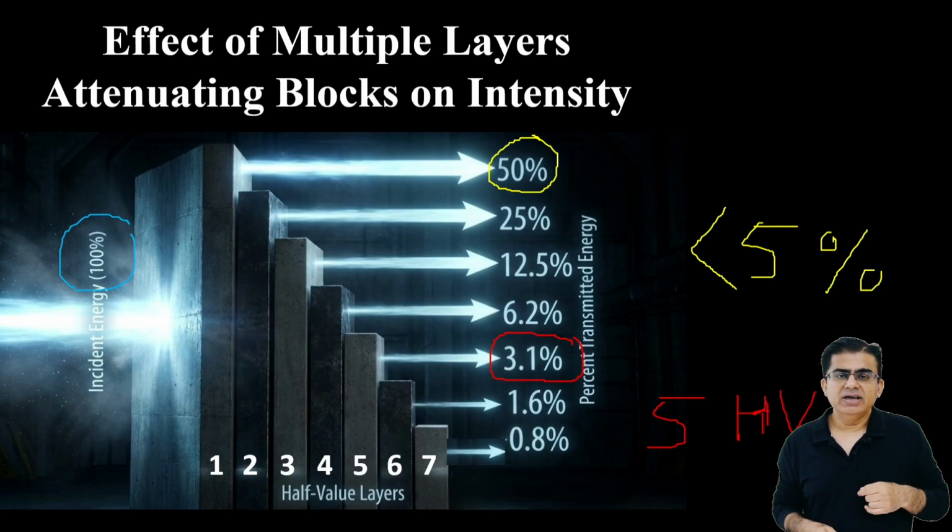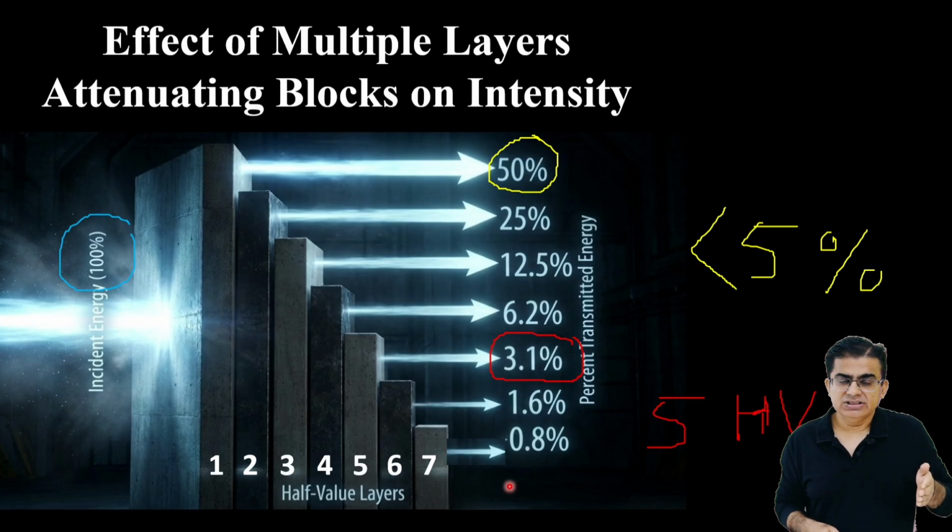Now, you might be looking at the 7th layer on your chart and wondering something. If exactly 7 half value layers drop the transmission to a mere 0.8%, why do we not just use that? Ideally, we would absolutely love to achieve this practically zero transmission to protect our normal tissues. But there is a very big practical problem with using 7 HVL layers in our daily clinic.